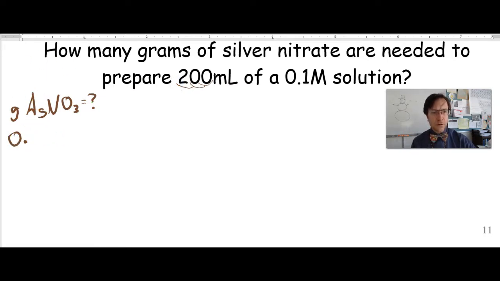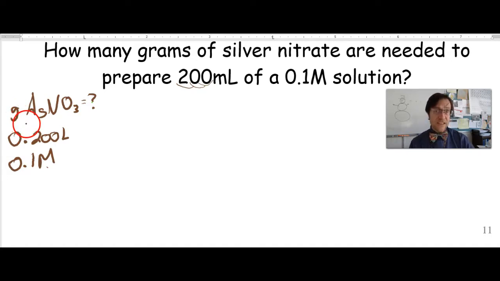Oops. My volume is 0.200 liters of a 0.1 molar solution. Awesome. Okay, I think I know where we're going because we have molarity here, but the problem is we want grams of silver nitrate.